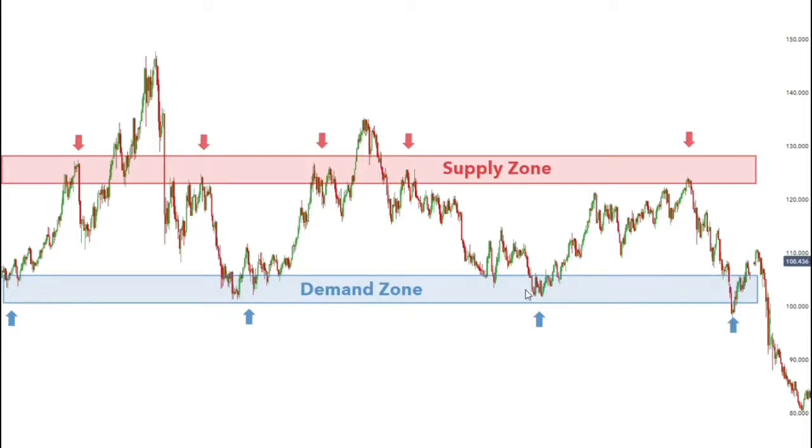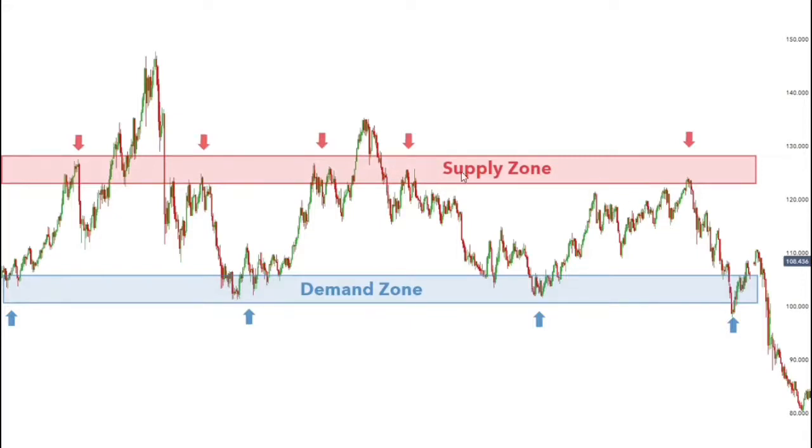So we call this our demand zone. And the opposite is valid on the top section here. There are a lot of sellers sitting here because you can see price is bouncing off all the time, and every time it reaches this point, it bounces down. So this is our supply zone. So this is how we actually identify our supply and demand zone.